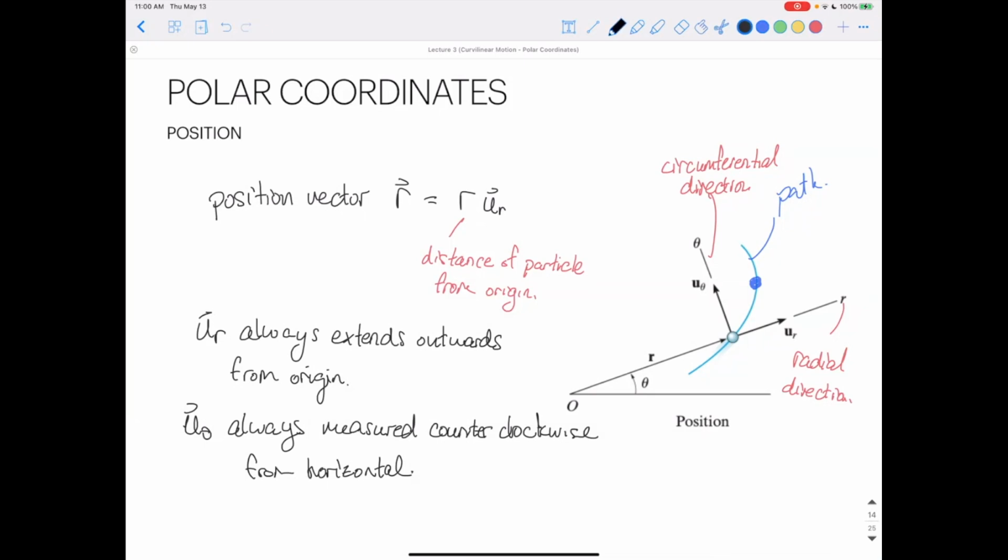Our coordinate system, our new r is going to be here. And our u theta will be over here. So they're moving with the particle, and so u r is changing with respect to time, as well as that magnitude r.